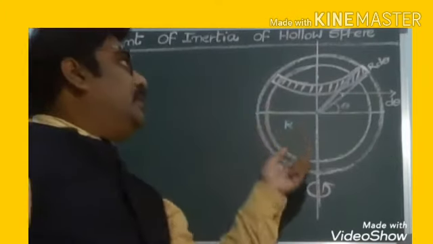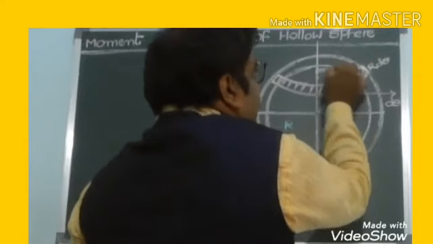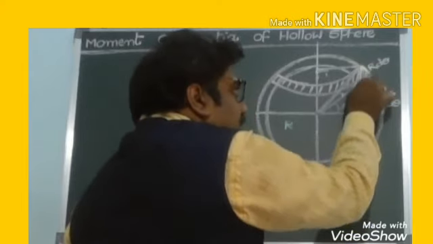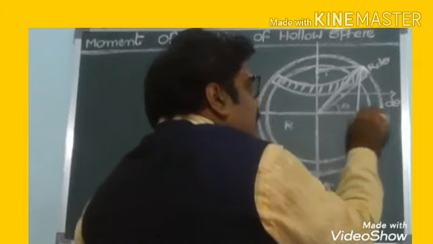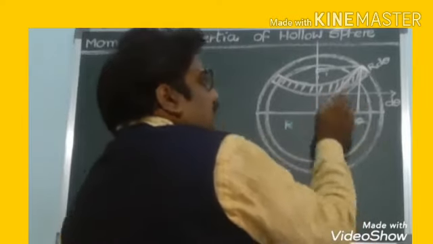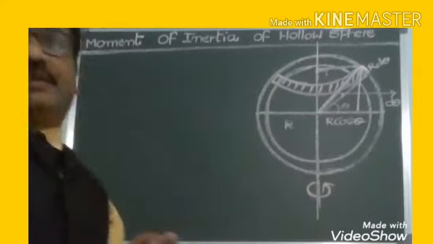And again, the unit cell of spherical ring has a radius. How can you calculate the radius? This is the radius r, this is r cos theta. So r cos theta is the radius of the unit cell of spherical ring.